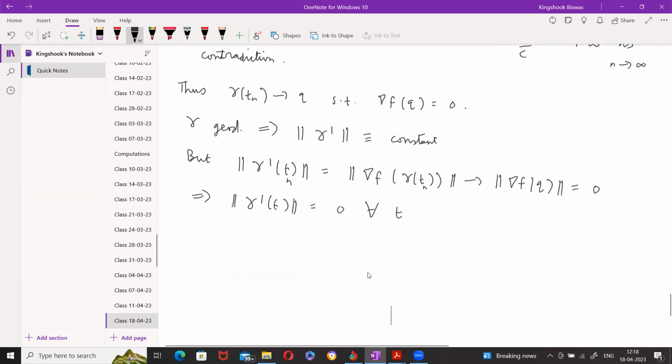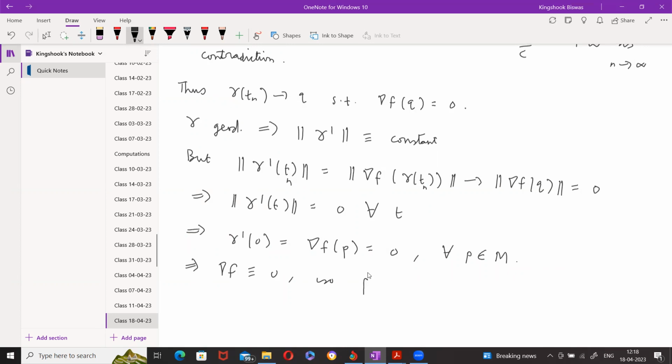So that implies that gamma prime 0, what is this? This is grad f of gamma 0, which was P. This is 0. And this is true for all P in M. P was arbitrary. So that implies that grad f is identically 0, and so f is constant.